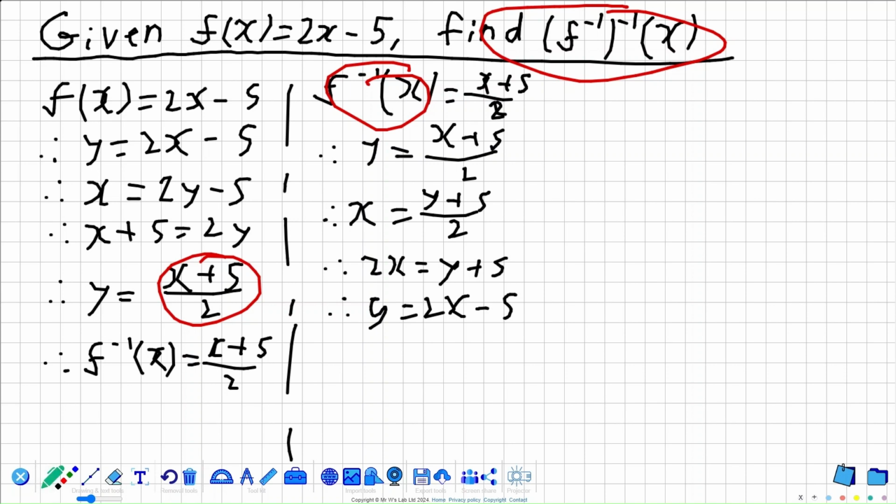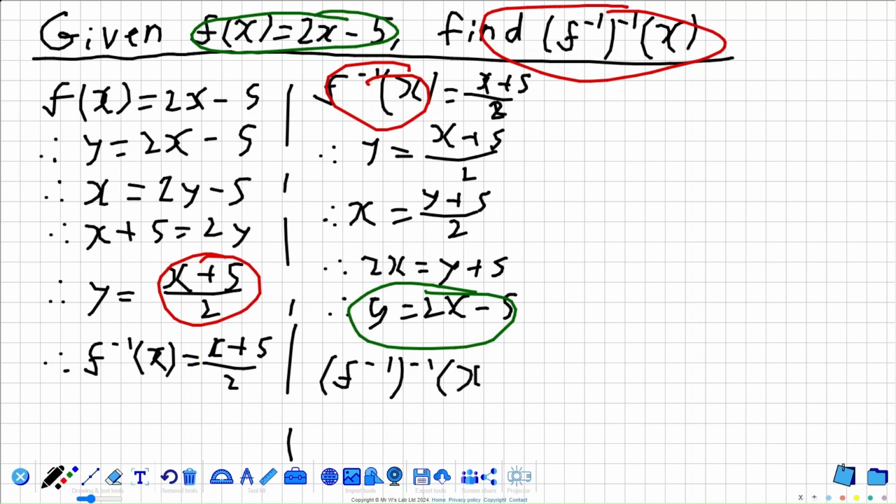And you might see something here, that this is completely the same as what we started off with initially up there. So basically what that is saying is that f inverse again of x equals 2x minus 5.